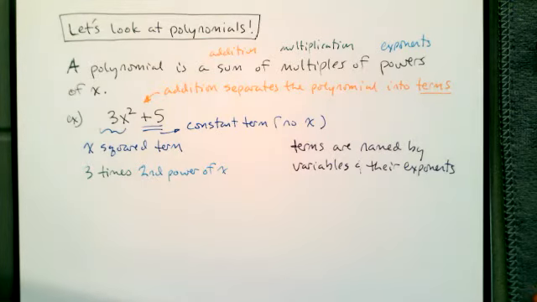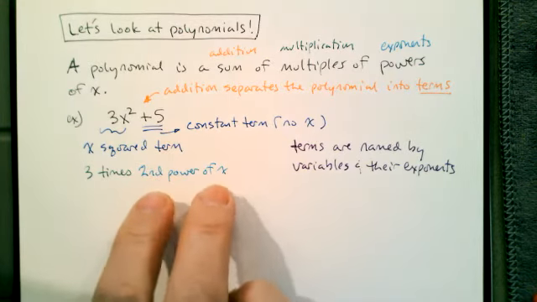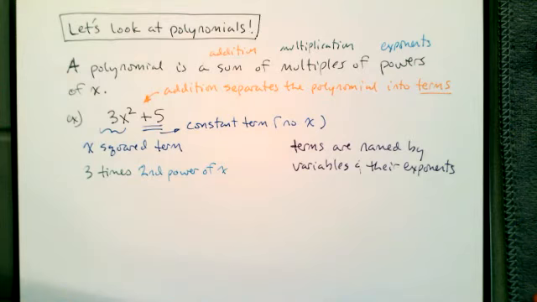Terms are going to be named by their variables and their exponents, separated by pluses and minuses. Addition and subtraction is what's going to separate the polynomial into terms. In each term, we'll have a multiple, 3, there's our multiple, of a power of x.